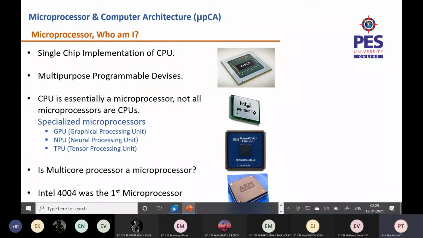And the microprocessor can be considered as a multi-purpose programmable device, which can be instructed to perform a task with its own capability, and these are designed to understand different binary instructions and to execute them.